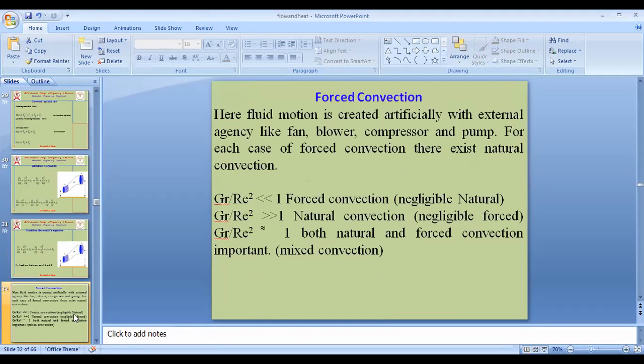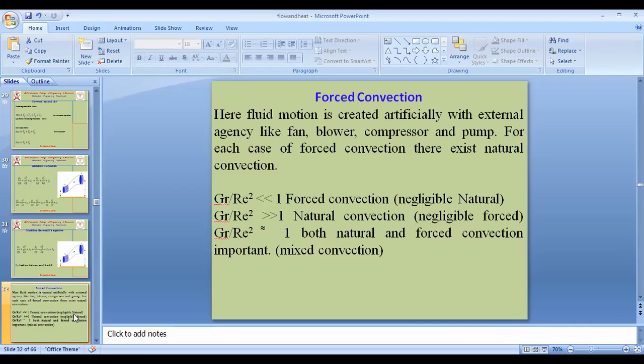Now, what basically we do is we use some correlation for calculation. So if it is natural convection, we use the correlation of natural convection. If it is forced convection, then we use the relation of forced convection. But what happens? There may be a mix of both.